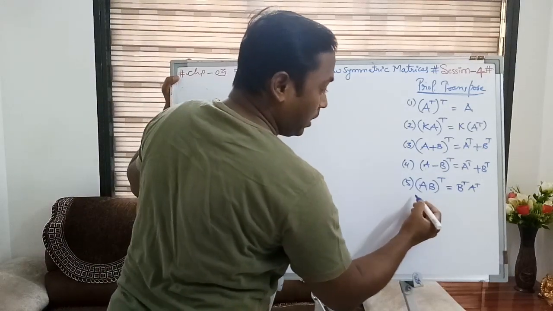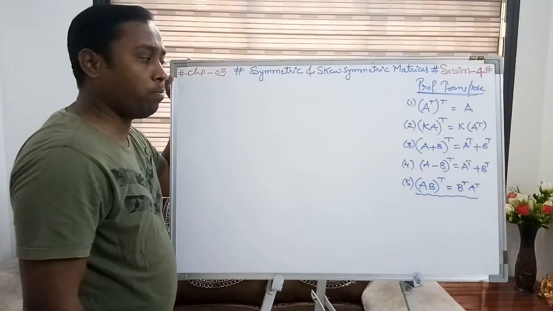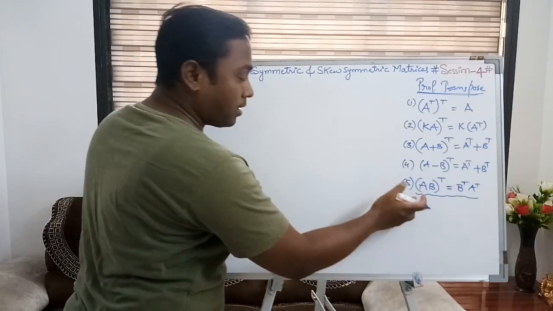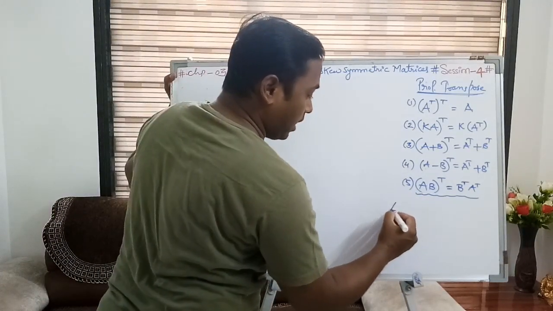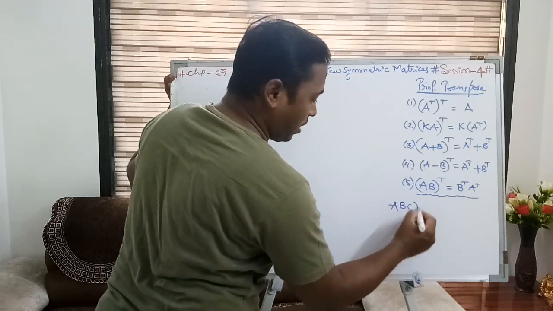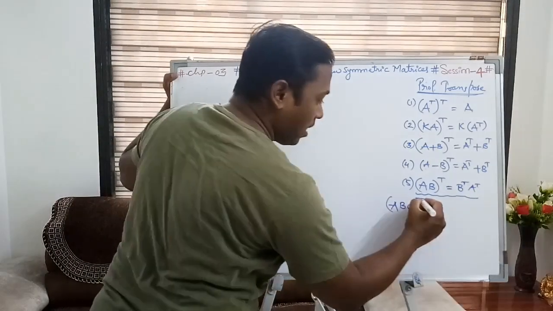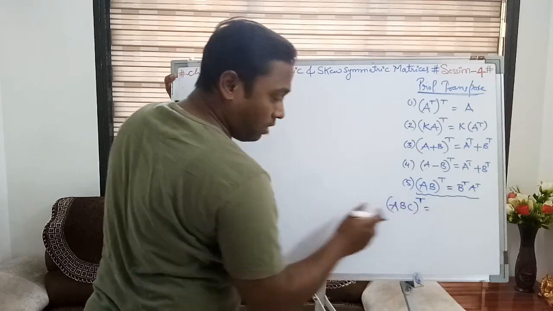Now if you see the last one, (AB) whole transpose is equal to B transpose into A transpose. This can be generalized by taking, let us say, the product of 3 matrices. If I want to do the transpose of this, I can simply do it by opening the bracket in reverse order.